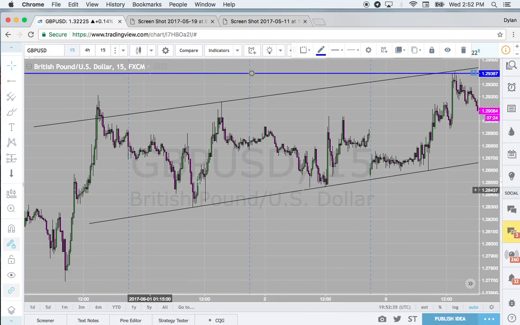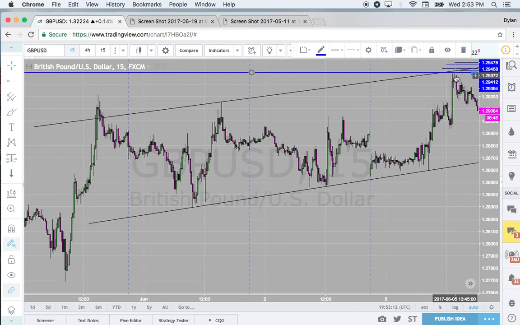Now, the chart we can see on the 15-minute chart is an obvious uptrend. So we would assume that the retail herd would be placing buy limit orders in this area, anywhere above this support or resistance, anywhere above this high.